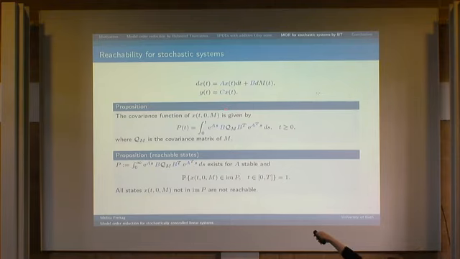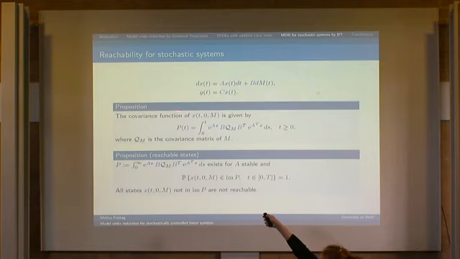If I use a 0 initial condition, then P of t is just this integral. So basically, you solve this system, you compute x transpose, and compute the expected value of it. You need a bit of Ito calculus to get to this integral formulation. And so this is the covariance matrix of the state x.